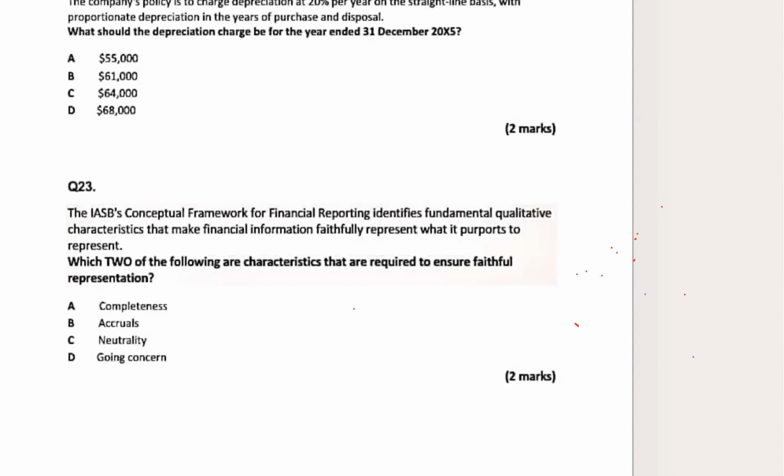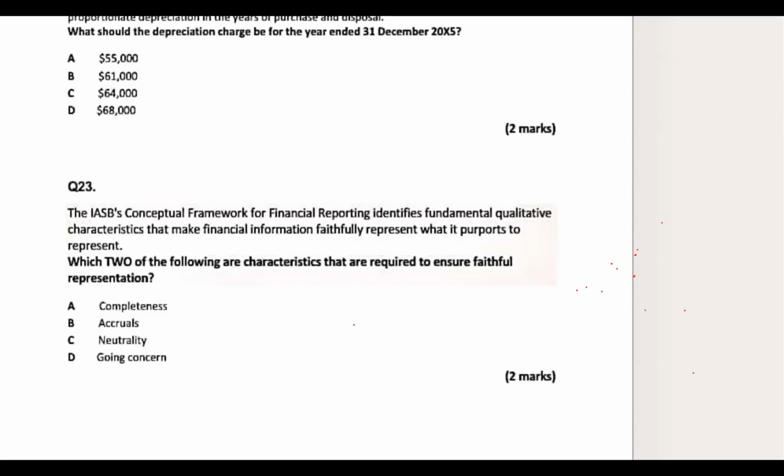A, completeness. B, accruals. C, neutrality. D, going concern.